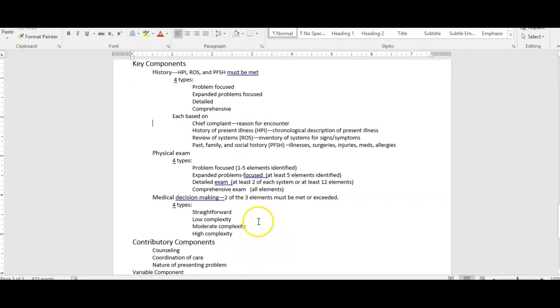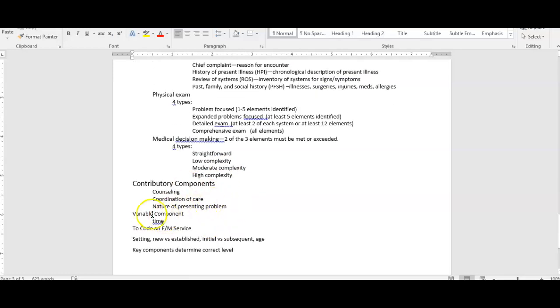Now, most of the time the physician's going to give you this information, but there may be a few times where you're going to have to grab the guidelines and actually make a determination on whether the physician was correct, or if they didn't assign it, to go ahead and assign what level it is. There are some contributory elements also, so we're talking about counseling, coordination of care, and nature of presenting problems. With all of these, the variable component is time.